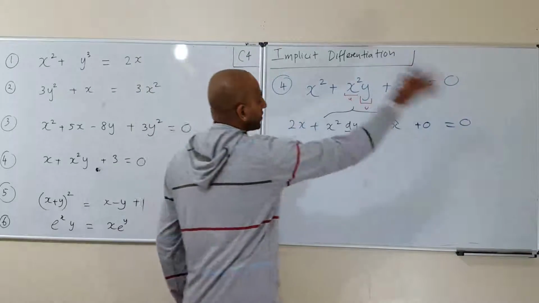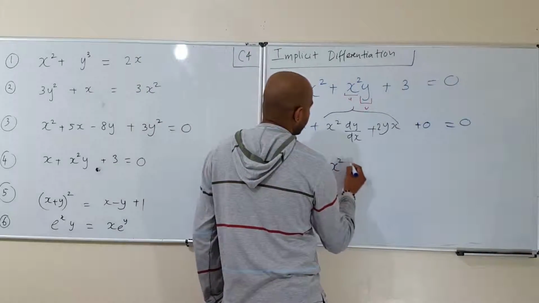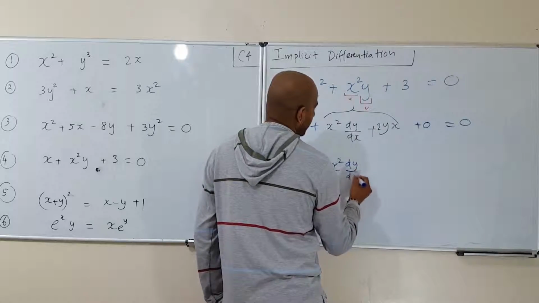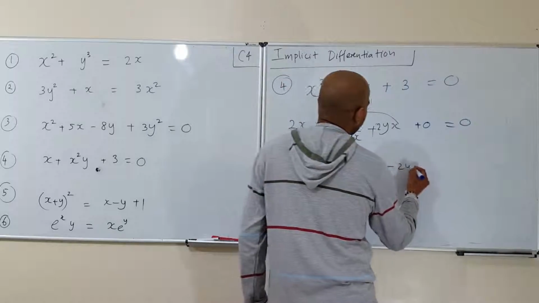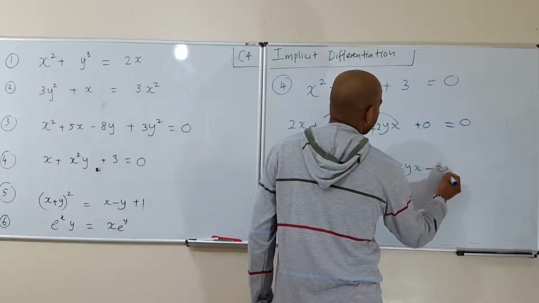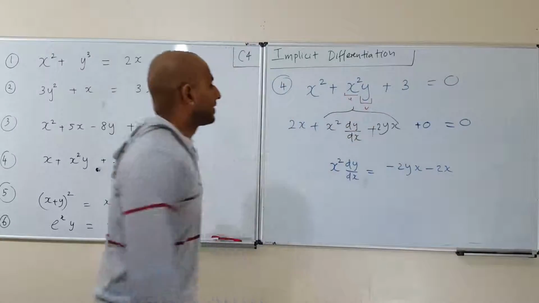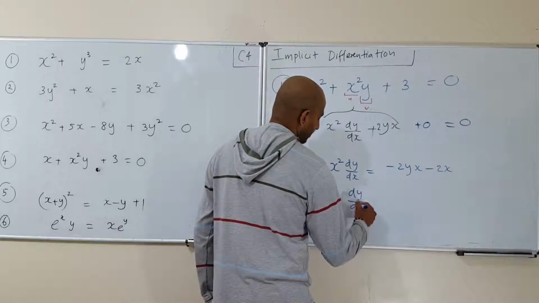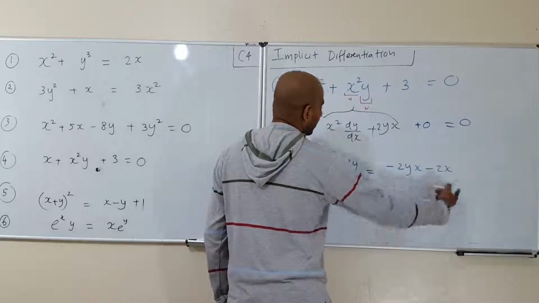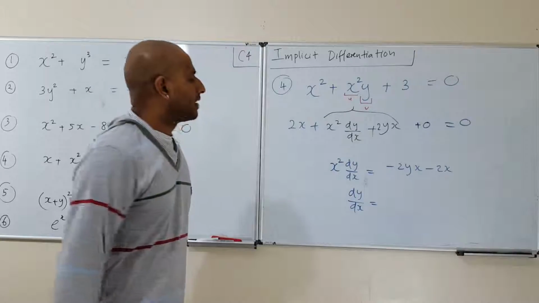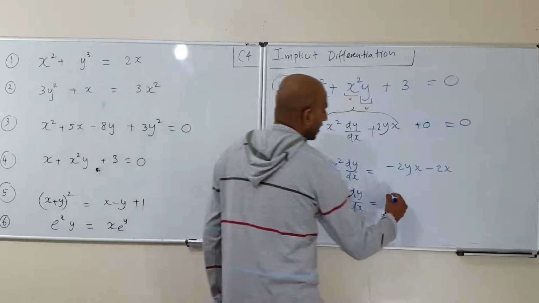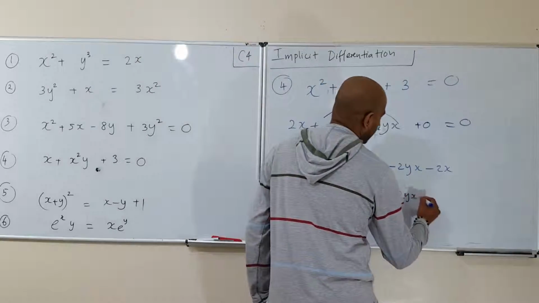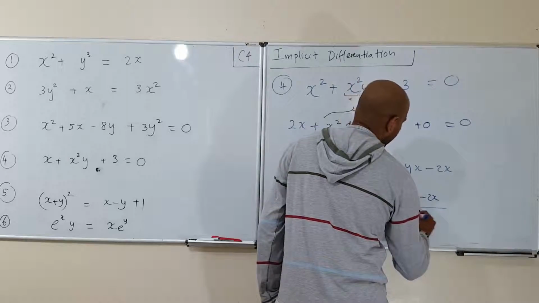Now we can move all the functions to the other side. We can have x squared dy/dx equals minus 2yx minus 2x. Then divide everything by x squared to get dy/dx. So minus 2yx minus 2x divided by x squared.